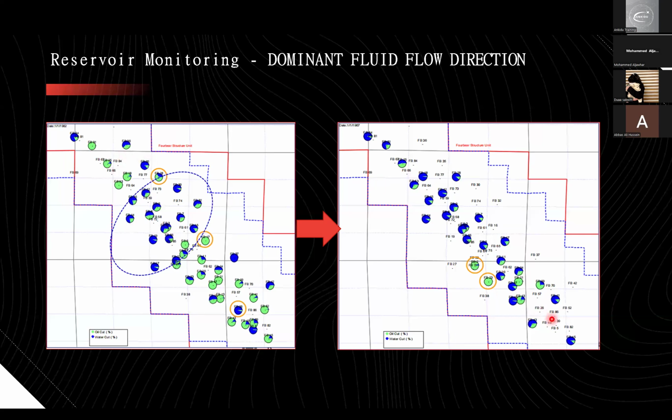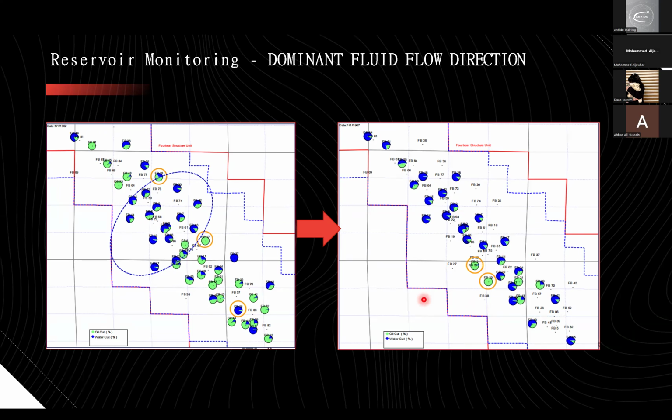Then you can see from the final results that most of those wells were affected by the water injection, and some were not. So you have to think about how you can manage and keep the water cut as minimal as possible.